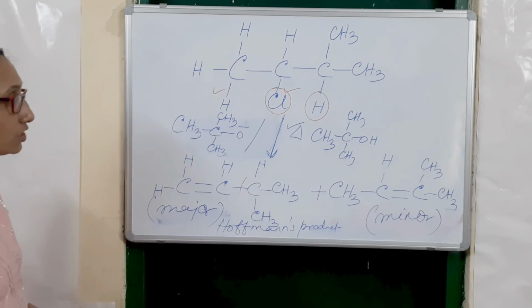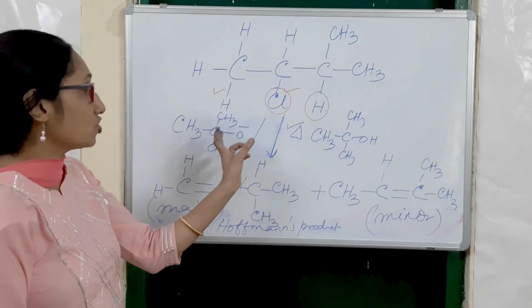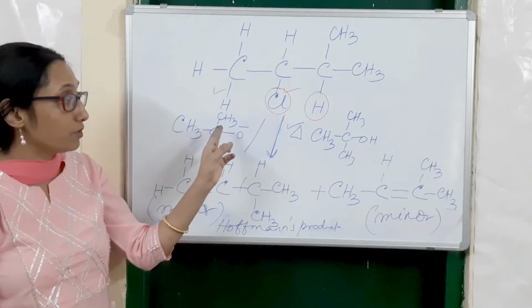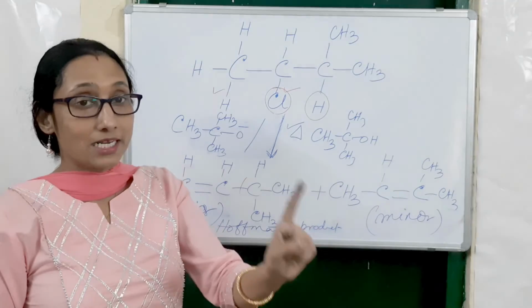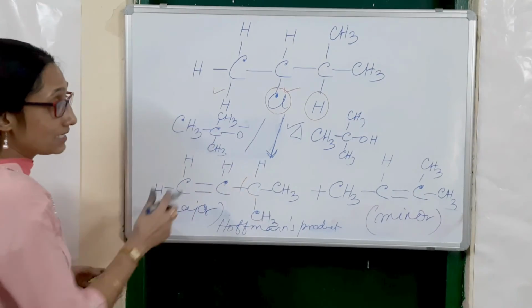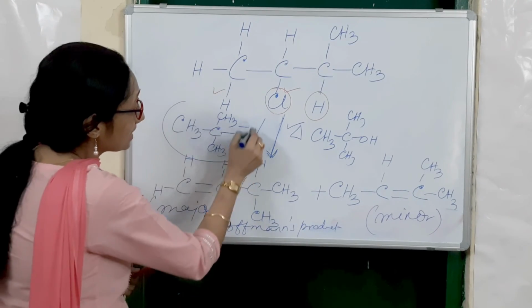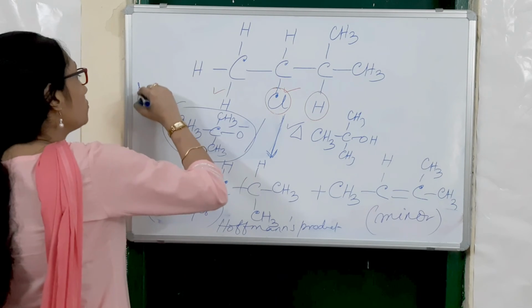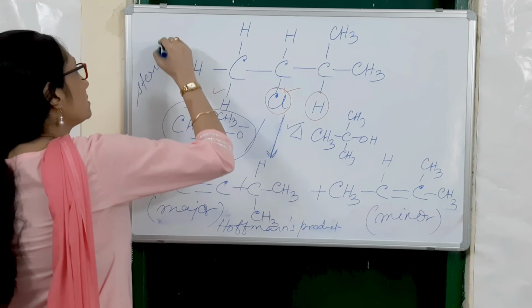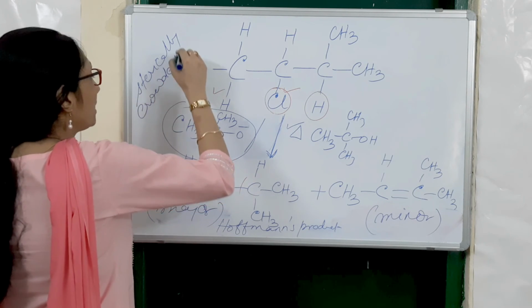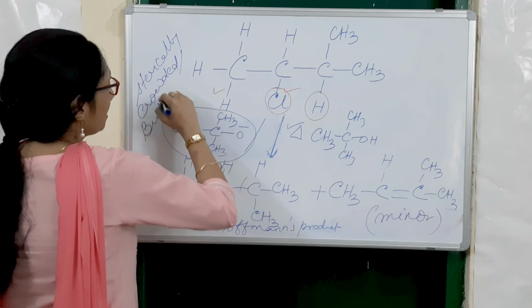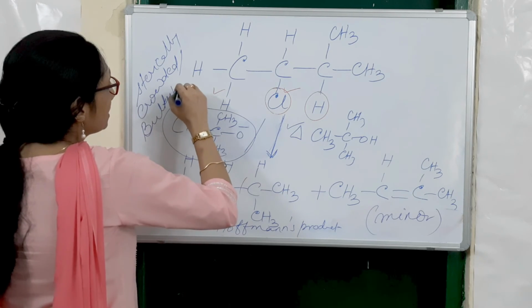So as you are changing the base, see the structure of this base, tert-butoxide ion, and compare it with your previous base, that is methoxide ion. We can see that this base is sterically crowded. Or we can say this is a bulky base.